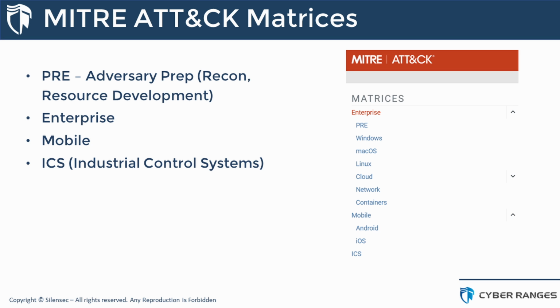As a result, the TTPs that apply to an industrial control system environment are going to be very different, and consequently, threat groups or adversaries that target ICS environments are going to utilize fairly different TTPs than they would typically utilize in an enterprise environment. And of course, I'll highlight this shortly.